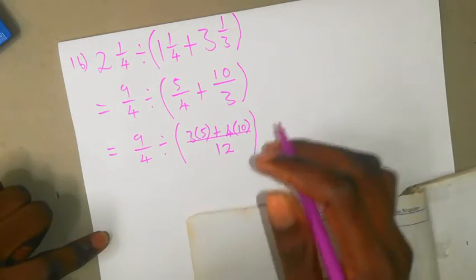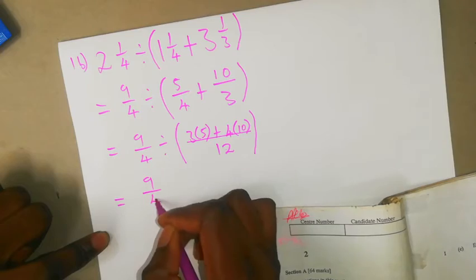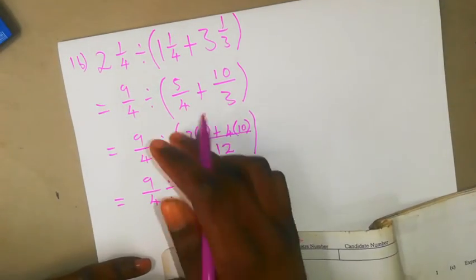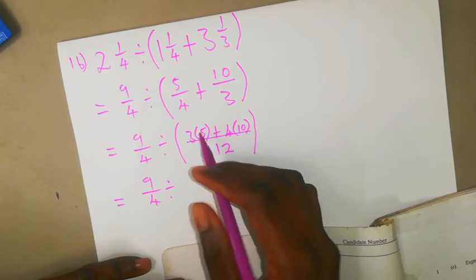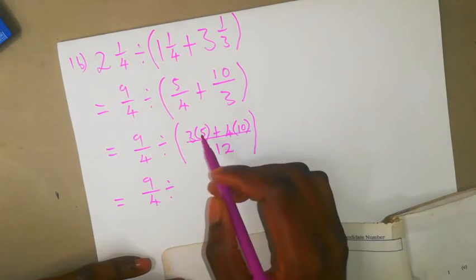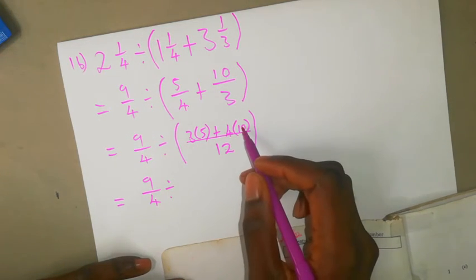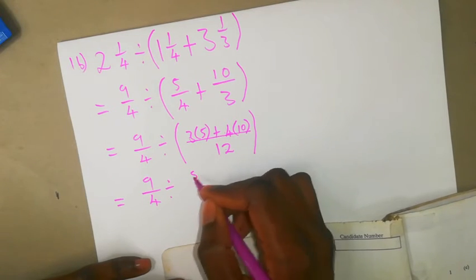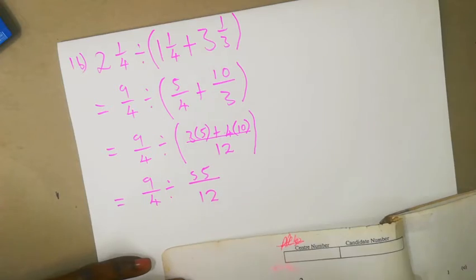Then I'll close my bracket like that. So that's equals 9 over 4 divided by, now I'll ignore this bracket and obtain my final answer. So I'll have 3 times 5, that's 15, plus 40 here. I'm going to obtain my 55 over 12.